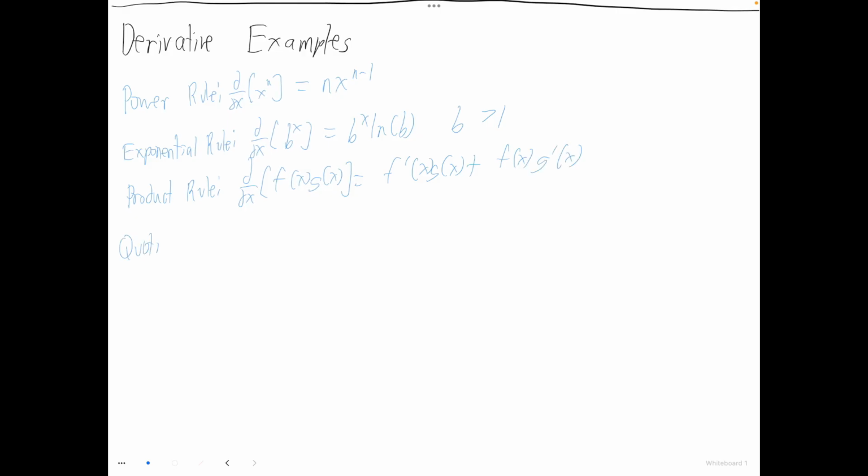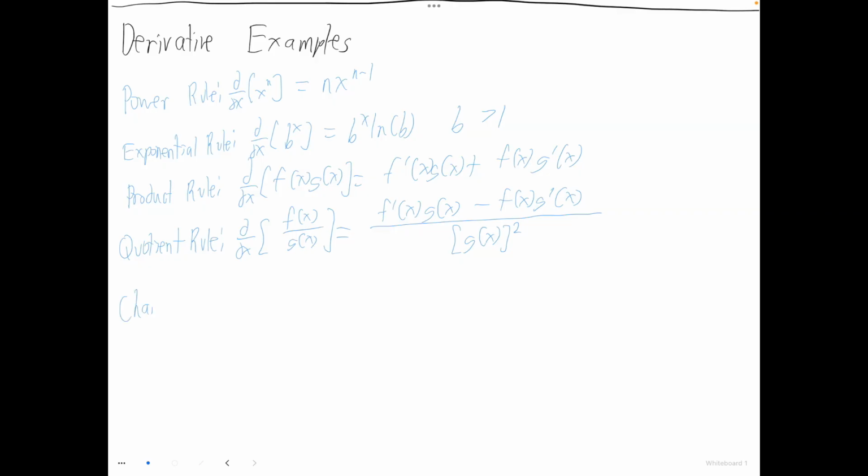We have the quotient rule, which says the derivative of f of x divided by g of x is equal to the derivative of f times g minus f of x times g prime of x, all divided by g of x squared.